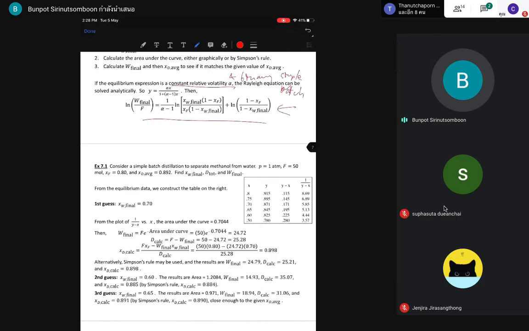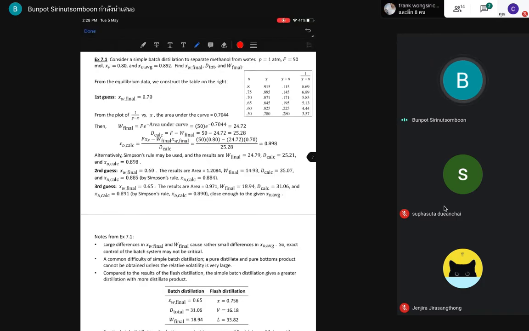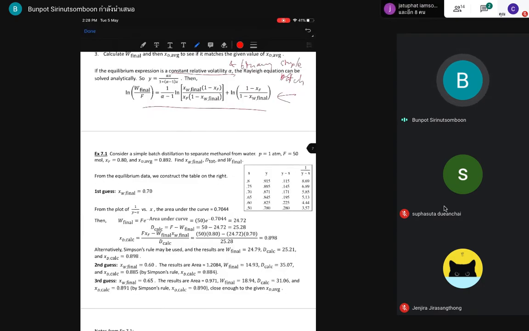Just like this example here, you should have the x and y equilibrium data, and then you find this column right here, 1 over y minus x, and make the plot of 1 over y minus x versus x.